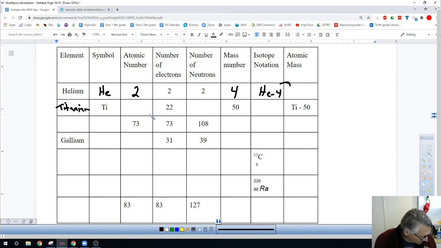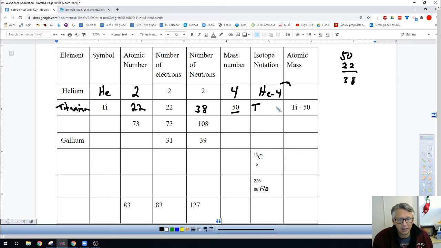And its atomic number is going to be 22, because it has 22 electrons. Number of neutrons that it's going to have, well, if it has a mass of 50, and if it has 22 protons, that should tell us that it has 38 neutrons. And its isotope notation is going to be the same, Ti-50.